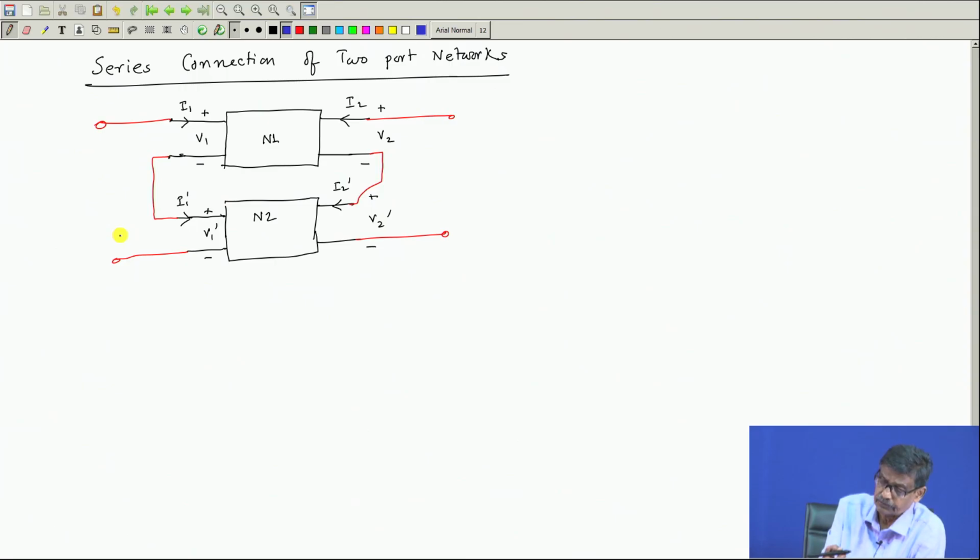Now, obviously, suppose I am expressing these networks N1 and N2 in terms of impedance parameters.